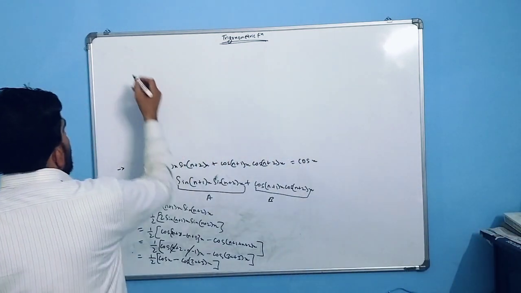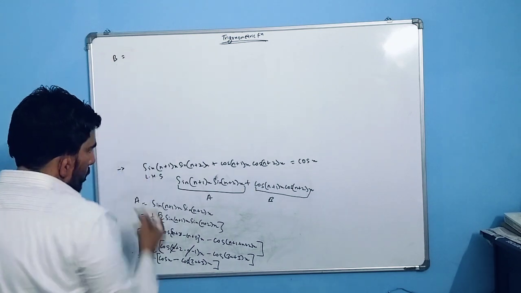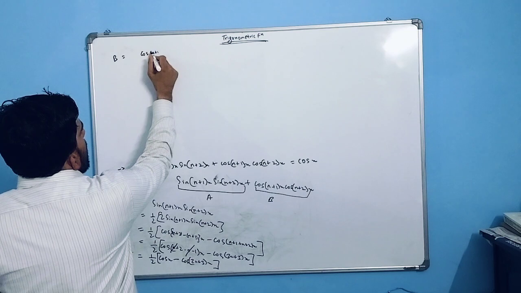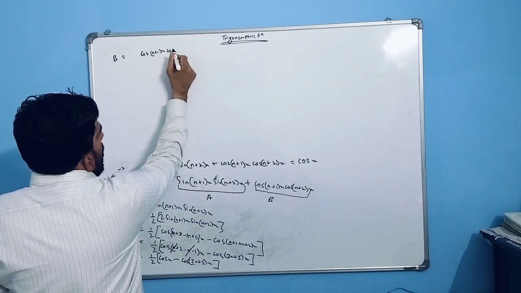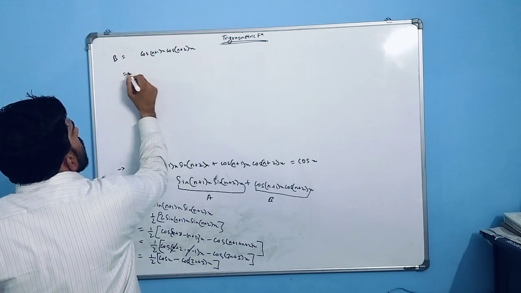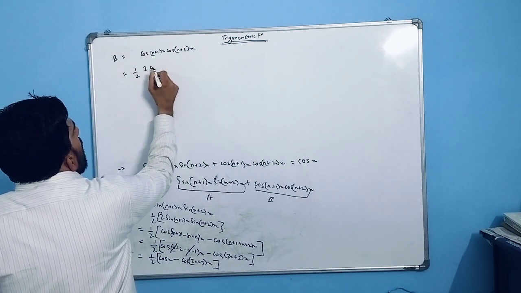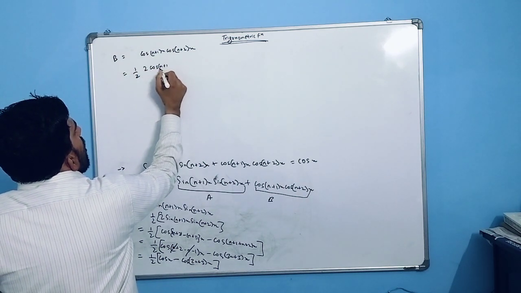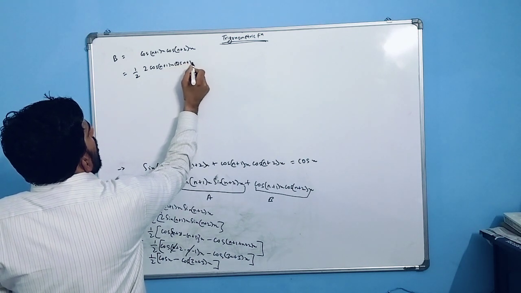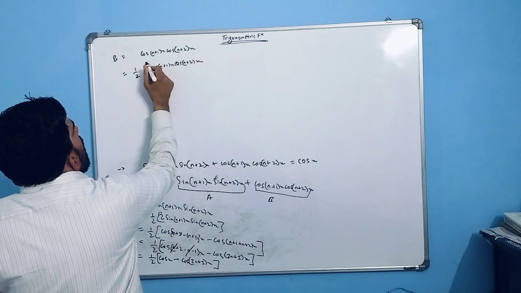Now B is given. What will we have? Cos (n+1)x cos (n+2)x. Here also we'll multiply and divide by 2.